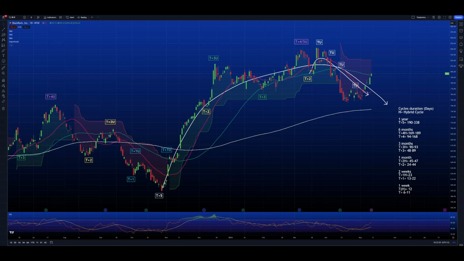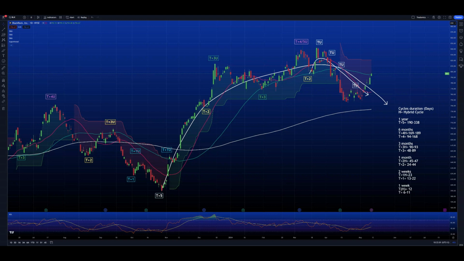But what might happen now is that we have reached 44 bars and we might have time to start a T plus 2 upward cycle, which means that from tomorrow or from Monday we might have a push to the downside, to start having a T plus 2 upward cycle.